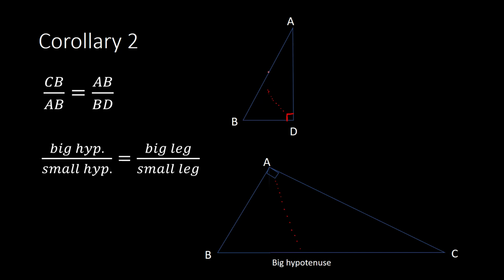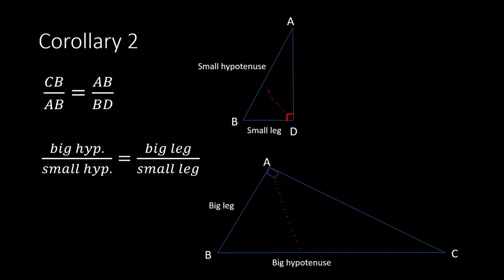So length AB would be the length of the small hypotenuse. And then looking at the big triangle, the leg would be on the other side. So AB would be the leg of the big triangle, and then the leg of the small triangle would be BD right here. So this is the relationship. We take the big hypotenuse over small hypotenuse equals big leg over small leg.